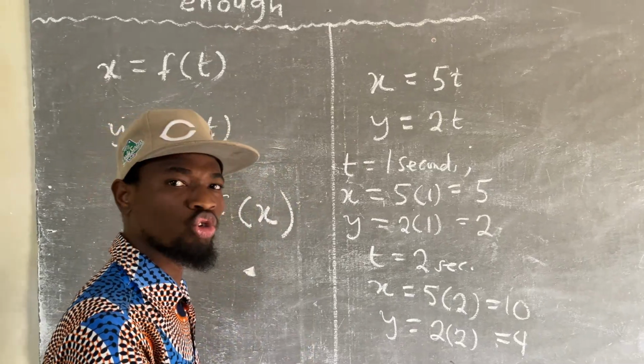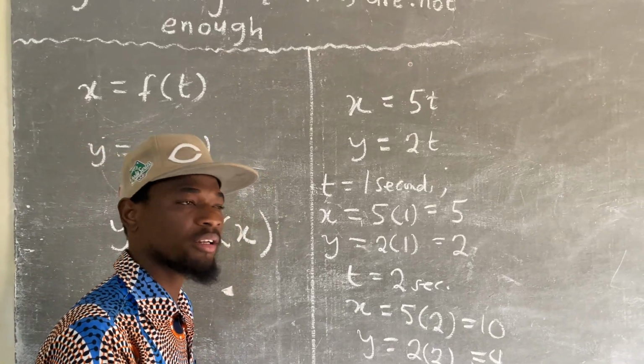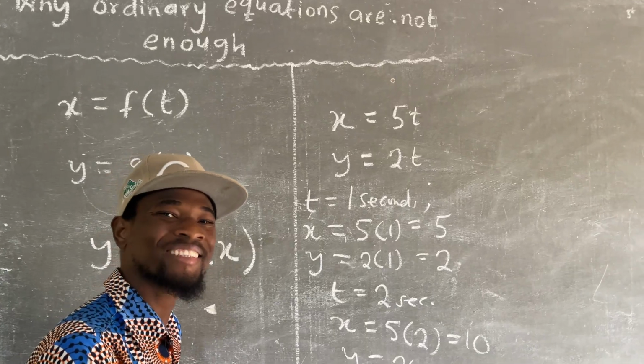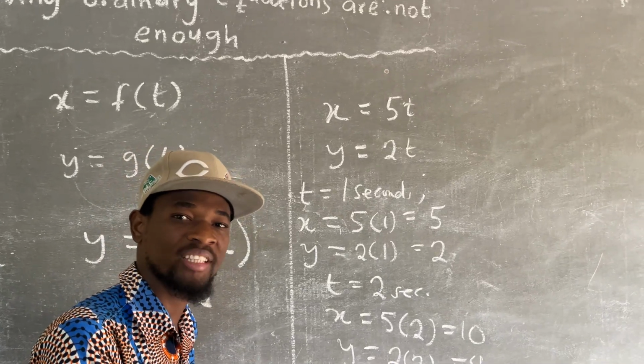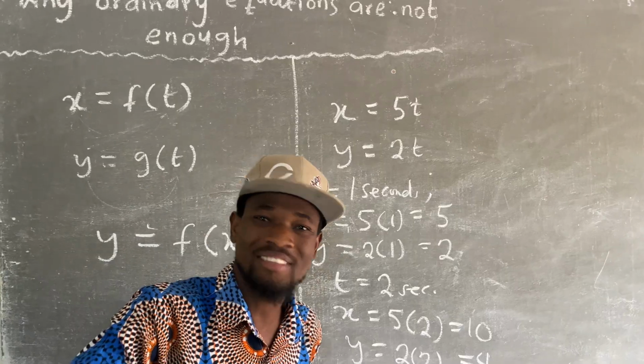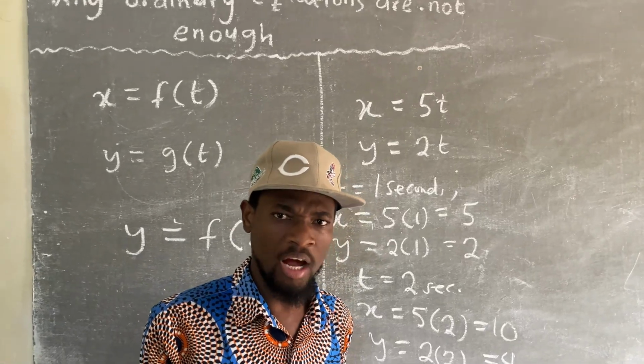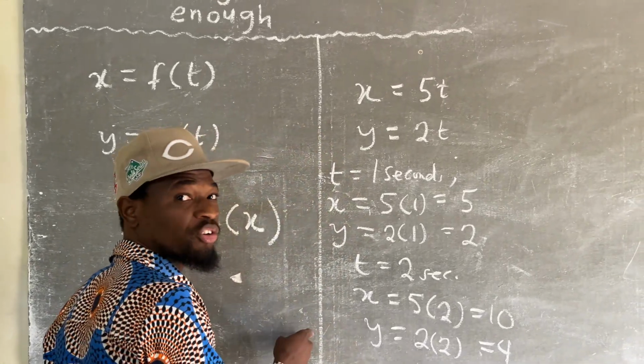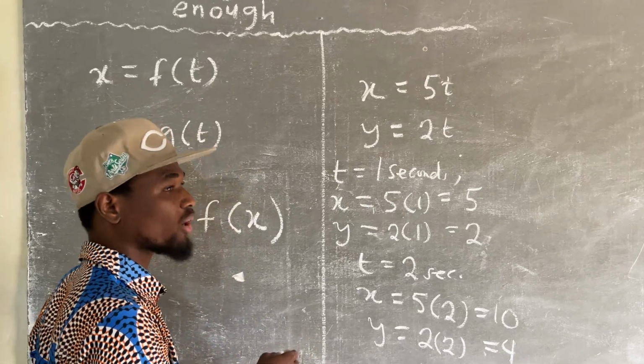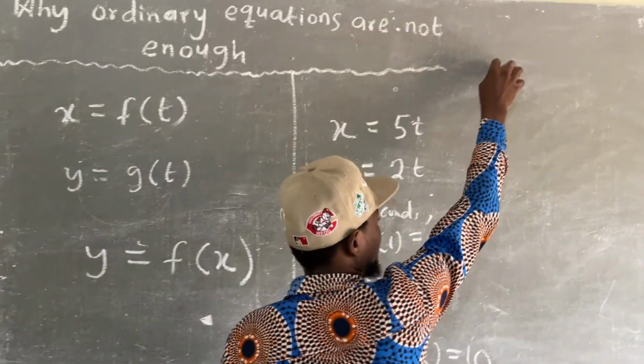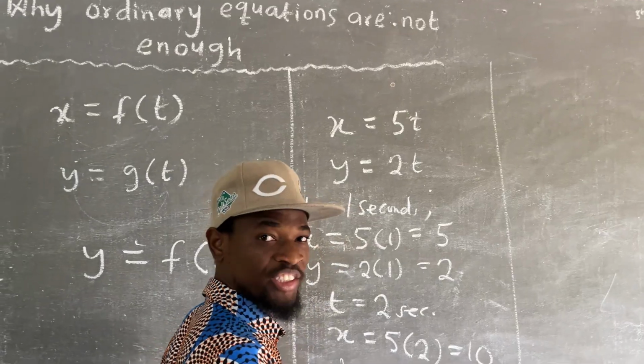But for our ordinary equations, the Cartesian or rectangular equations, it doesn't even talk about time. So this is the parametric equation. Now let us consider the Cartesian equation.